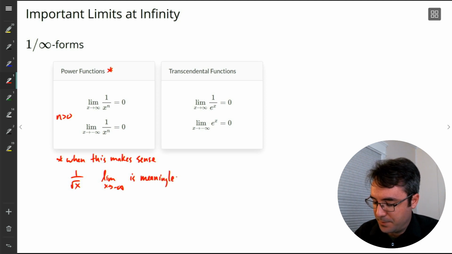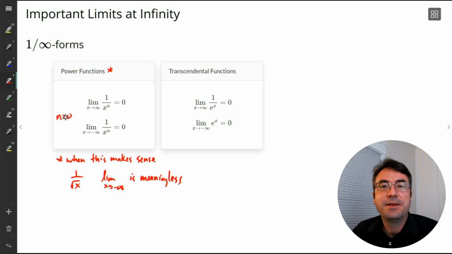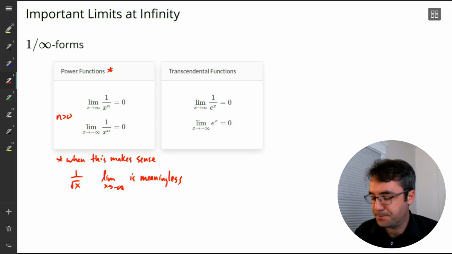So, for the most part, these power function properties are nice and accurate. 1 over x to the n approaches 0, whether you get really large positive or really large negative. Just, it has to make sense. So if we were talking about 1 over the square root of x, it doesn't make any sense to talk about the limit as x approaches minus infinity for our purposes because we have a negative under the square root. So there are some exceptions, but for the most part, we want to remember these.